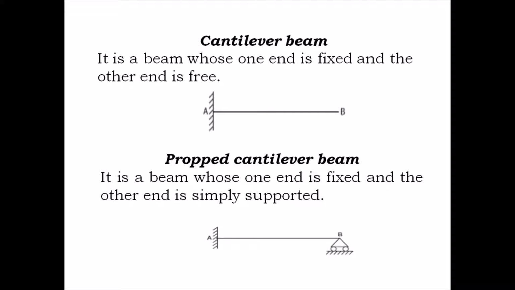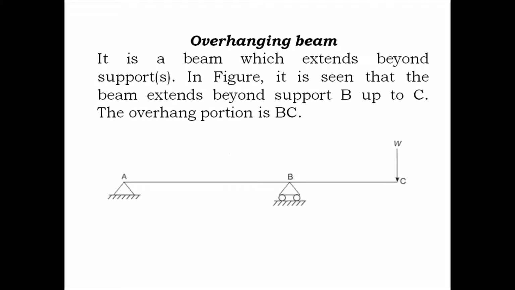Okay, now the next part, overhanging beam. We all know the simple meaning of overhanging. What is overhanging? It is nothing but apart from some span, it is hanging without any support. The same thing you can see in the diagram.